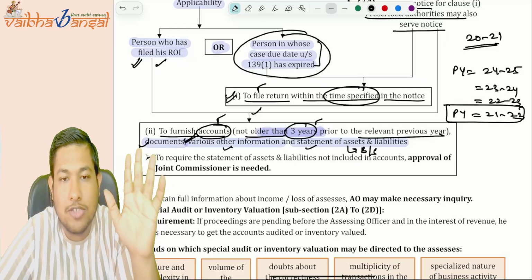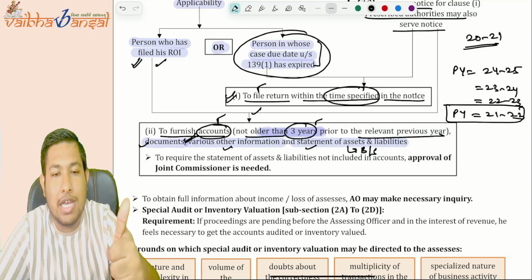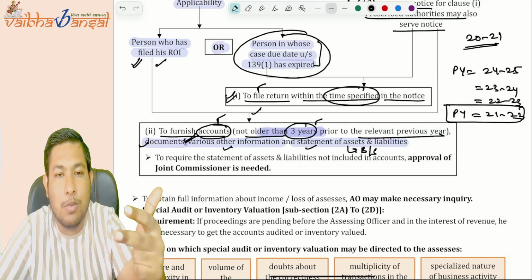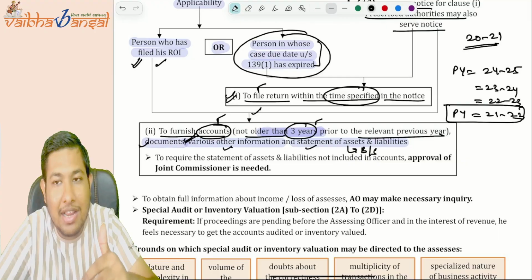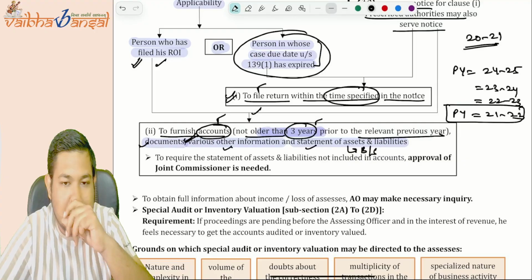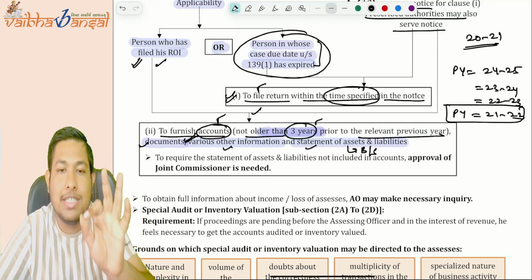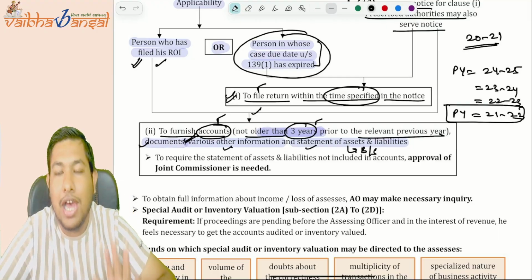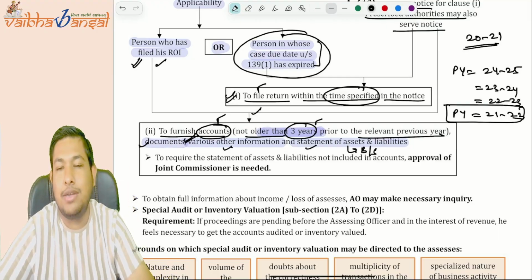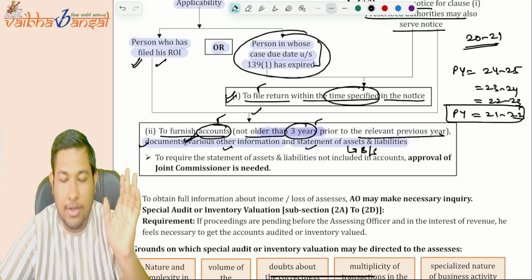Do you understand this very clearly? The assessing officer can ask for the documents, the information, the statement of assets and liabilities for years prior to 3 years as well. There is no restriction. But if he is asking for the accounts, there is a restriction of 3 years. Understood or not? Tell me that. Okay.